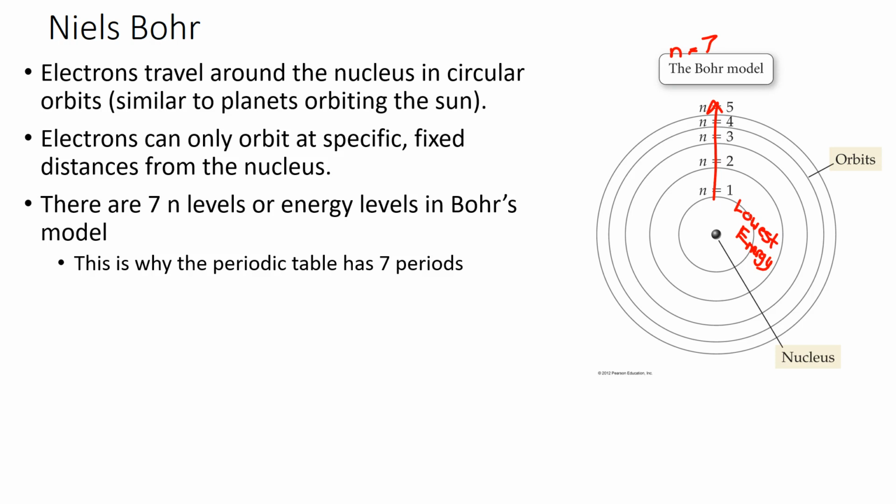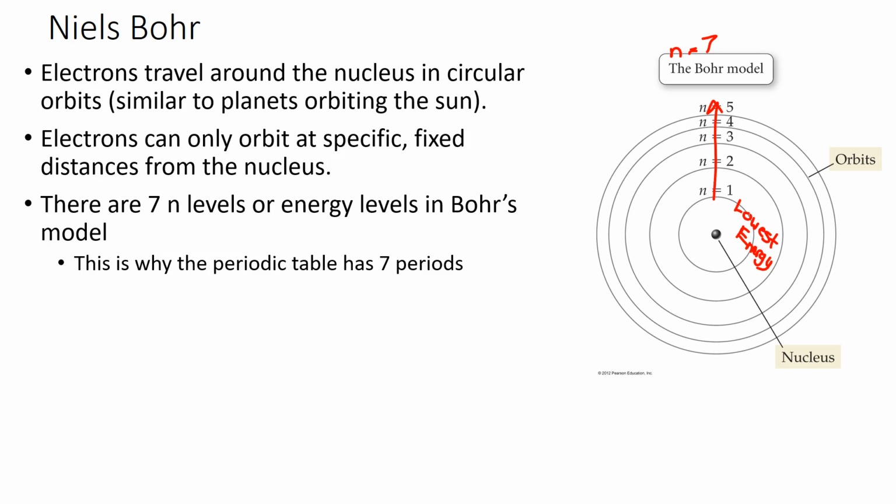Now, looking at the drawing that I have, what do you notice about the distance between the rings as we get further out? They get smaller, they get closer together. So it takes more energy to go from N1 to N2 than it does from N3 to N4. So as you get further out, it takes less energy to get to that next level.